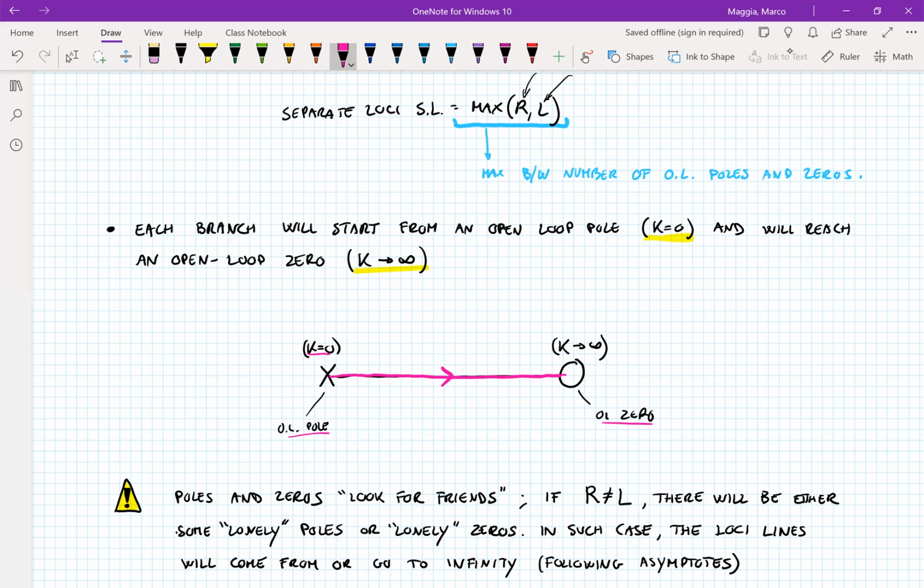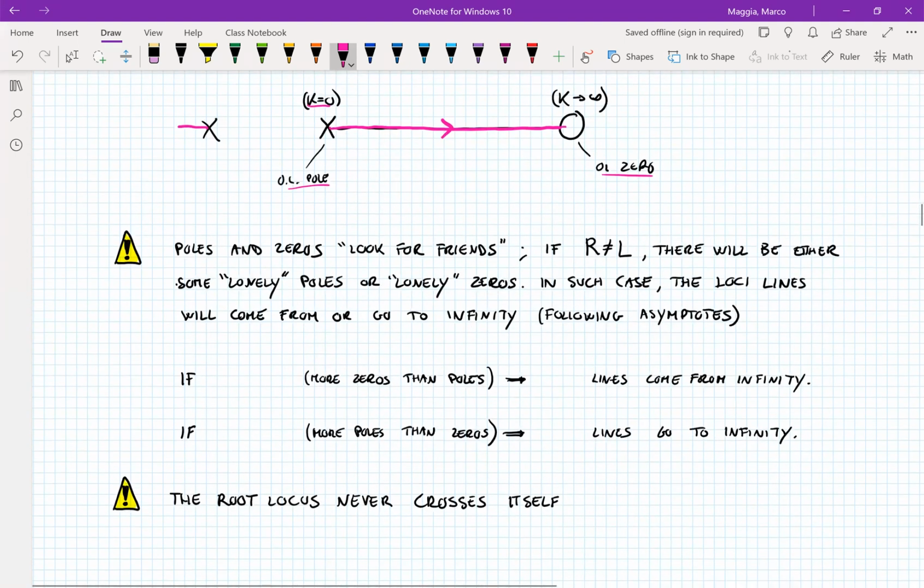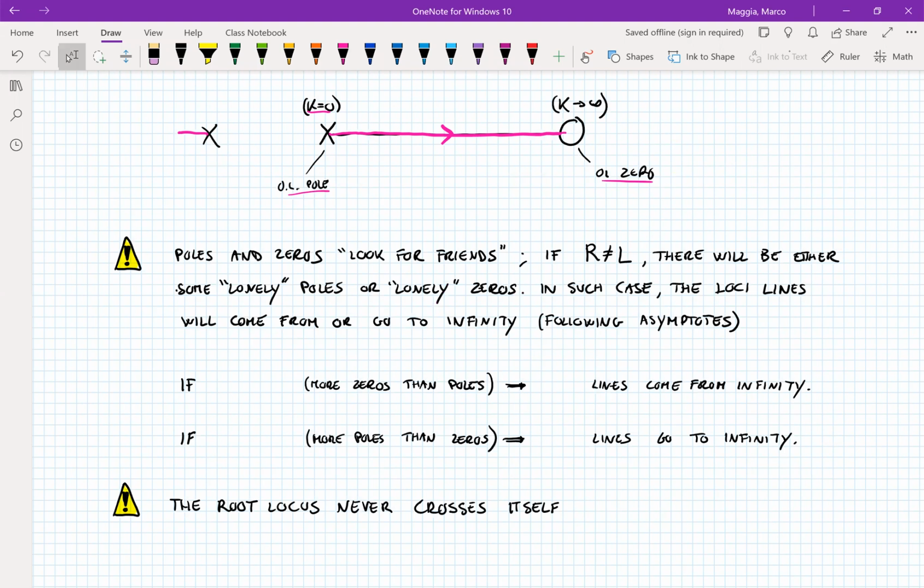This is all good, but sometimes, if we have more open loop poles than open loop zeros, let's say that we have just another pole over here, then this other branch starts from this open loop pole, but it doesn't have an open loop zero to go to. I know it might sound silly, but I think it'll help you remember this: poles and zeros, they just want to marry.